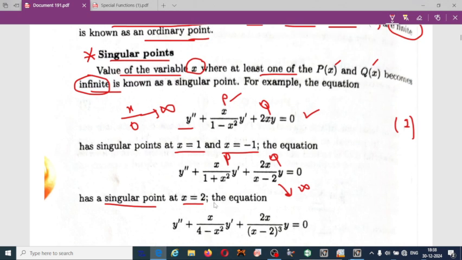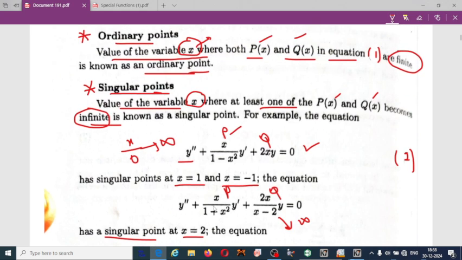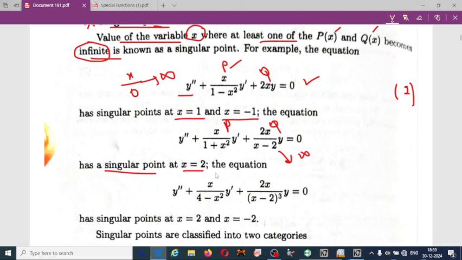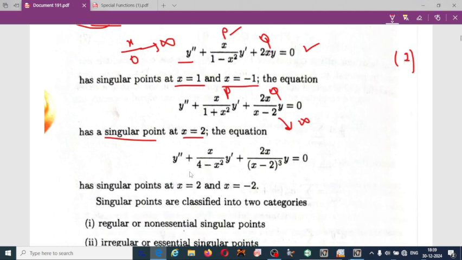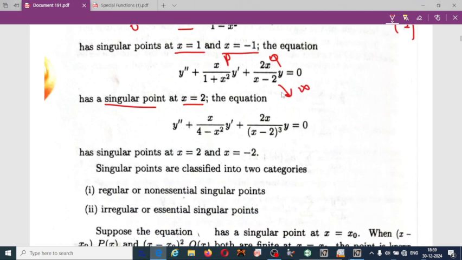At whatever value of x p or q becomes infinite, we call it a singular point. If they do not become infinite, then we call them ordinary points. Let us take x equal to 3, 4, 5. They are all ordinary points, where it does not lead to infinity.